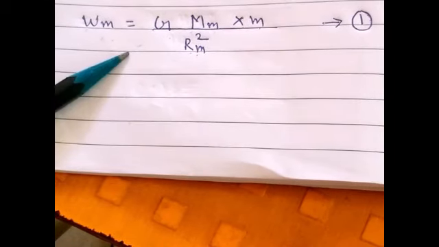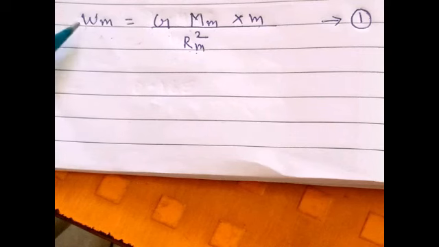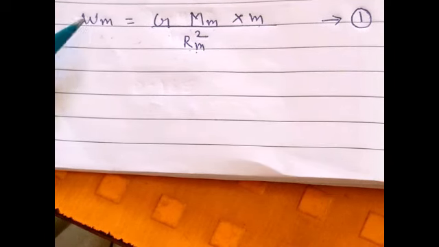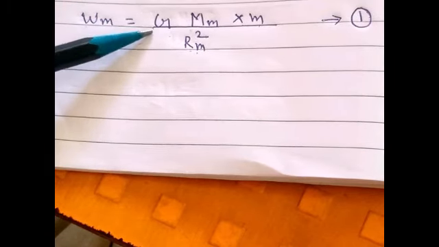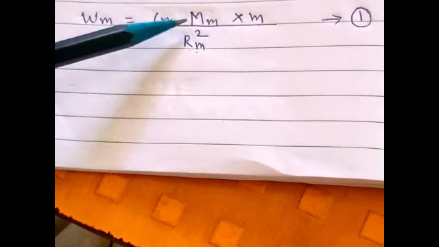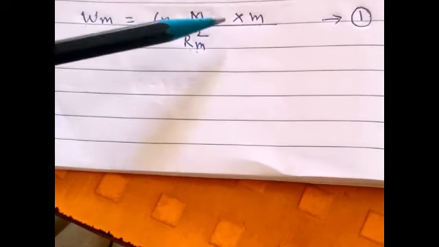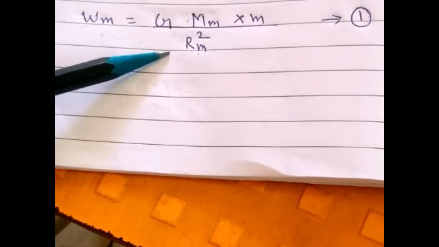By using this formula we can find out the weight of the object on the moon. The weight of the object on the moon can be represented as Wm is equal to G, the universal gravitational constant, times Mm, the mass of the moon, and m, the mass of the object, divided by the square of the radius of the moon.